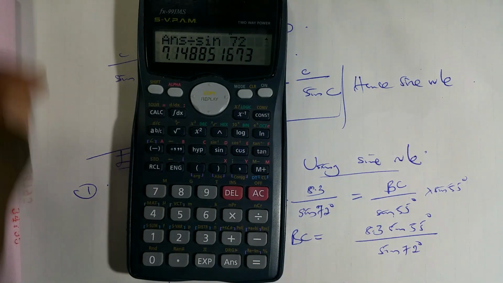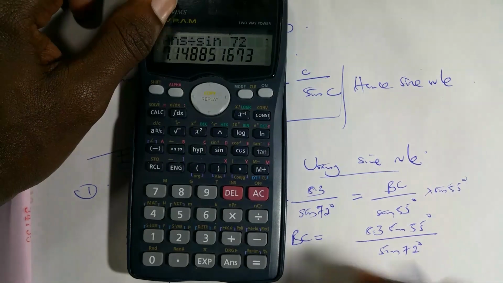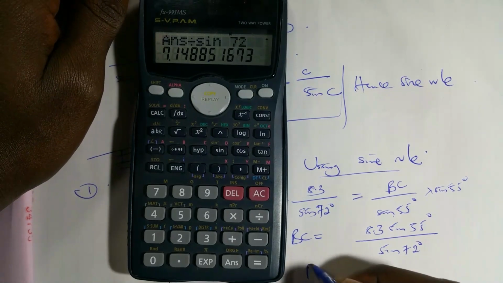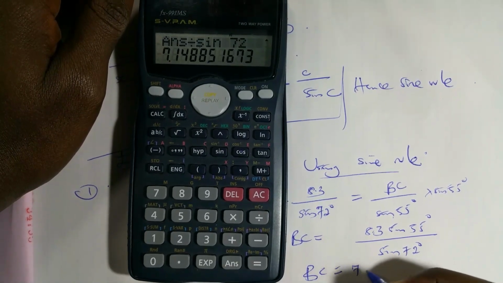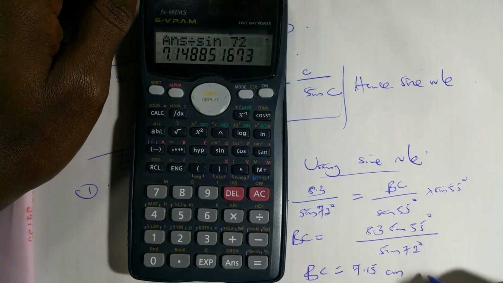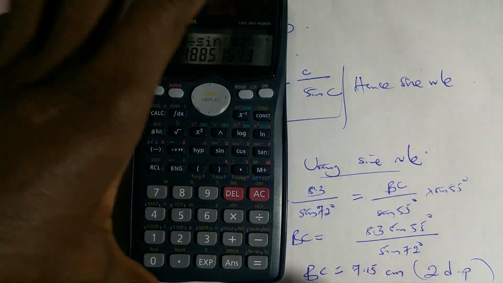Okay, we have 7.1448, we can round off to 2 decimal places, so BC can be 7.15 centimeters to 2 decimal places. That's it.